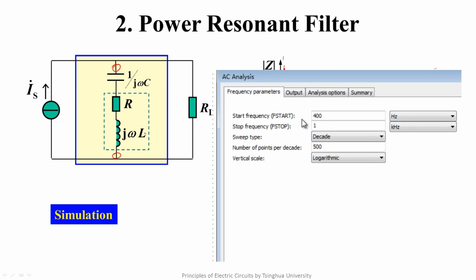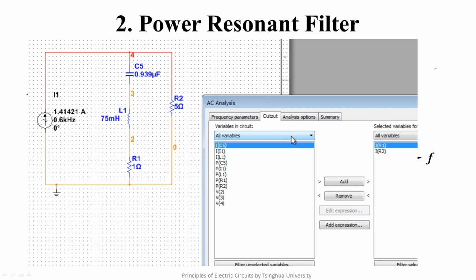We know that the resonant frequency is 600 Hz, so the frequency range is from 400 Hz to 1 kHz. The output is the current through R1 and R2, that is the filter branch current and the load branch current.